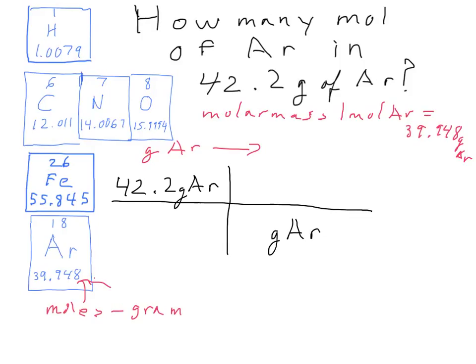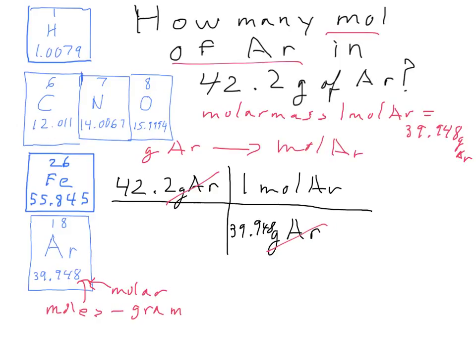It's our molar mass there, right? So, back to my line. I place moles up here, 1 mole. Place grams down here where they cancel out, and that's 39.948. Hey, I've canceled out my grams. I'm left with units of moles, which is the unit they're asking for in the problem.